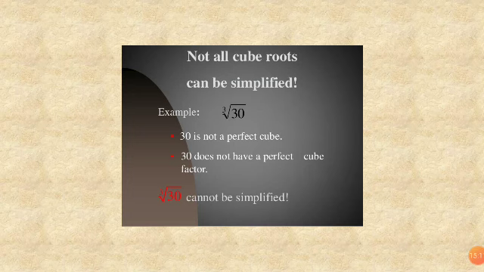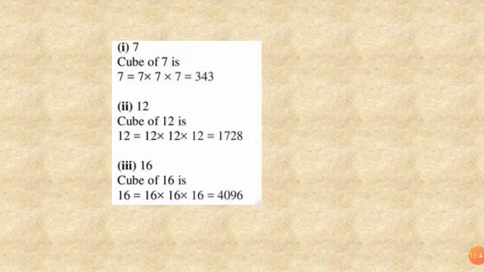Triple 0 having a perfect cube, the last three digits triple 0 having a cube root. But a single zero is not a perfect cube. 30 does not have a perfect cube factor, so cube root of 30 cannot be simplified.